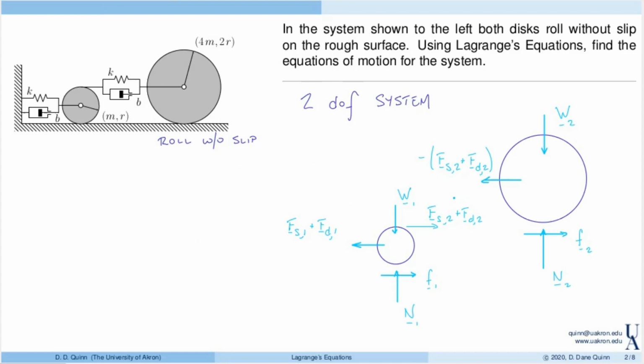Now, the spring forces are conservative. So they will be included in the potential energy. The damping forces are non-conservative. They will be included in the generalized forces.